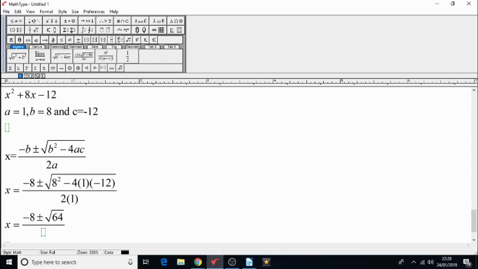So minus 4 multiplied by 1 is minus 4, and minus 4 multiplied by minus 12 is positive 48. So that is the square root of 64 plus 48, divided by 2.